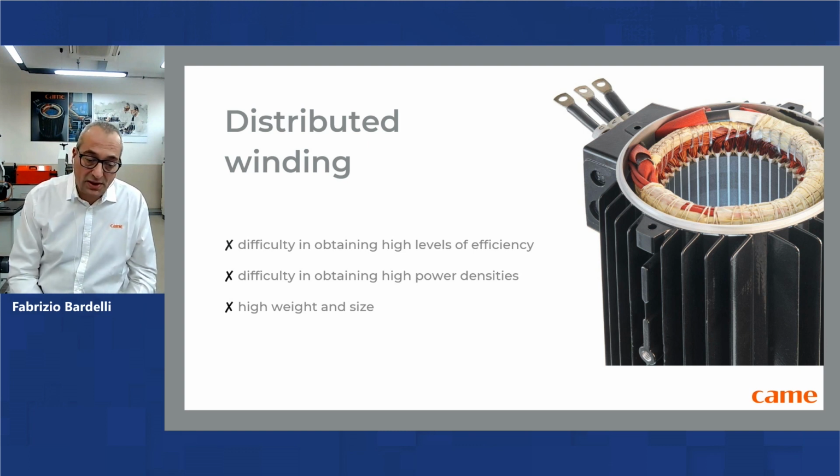The current regulation is asking for high-efficiency motors, which is IE3, and with IE3 it is still possible to get the goal with distributed winding. But we already foresee some difficulties when we jump to the IE4 efficiency level, and when we go up to IE5 it will not even be possible with distributed winding, unless you find some solutions on the rotors or on the electronics.